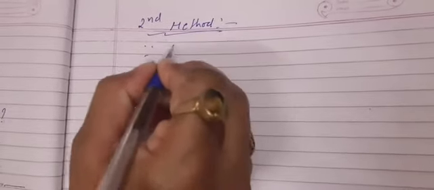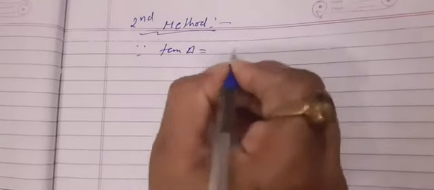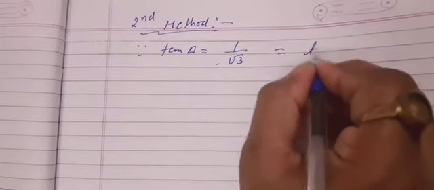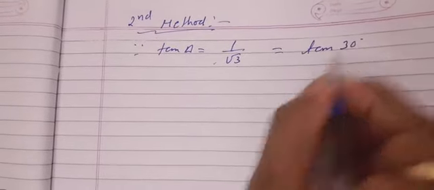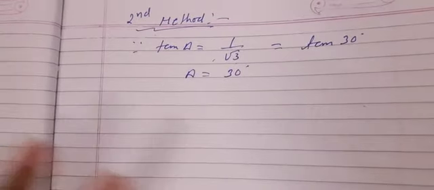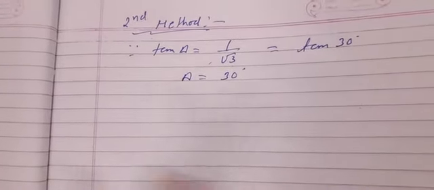I'm going to show you the second method of how we will solve, and both methods are valid. You may follow any method, both are correct, right children? Second method, since tan A is equal to 1 by root 3, and 1 by root 3 is the value of tan 30 degree, it means the angle A is 30 degree. Okay, so no need to find out P, B, H or think about that.